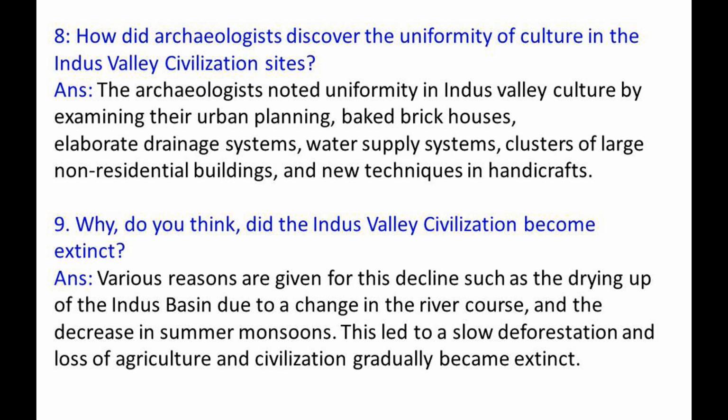Question 8. How did archaeologists discover the uniformity of culture in the Indus Valley civilization sites? Answer.